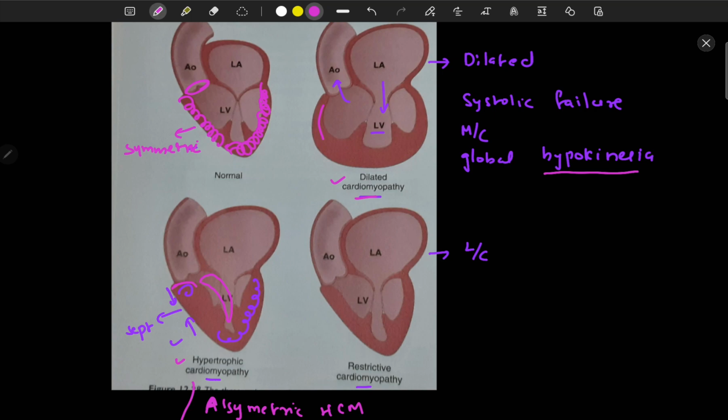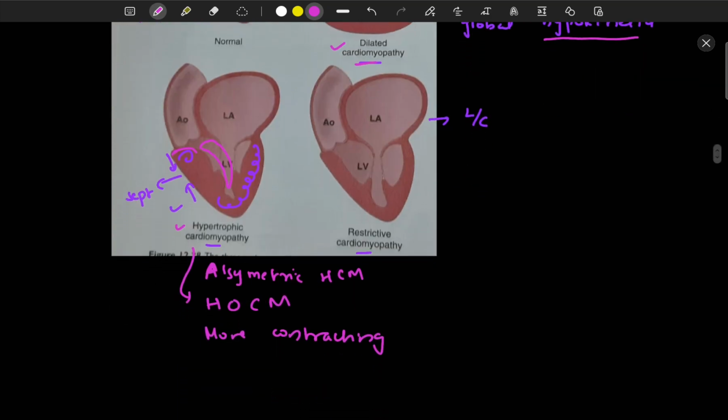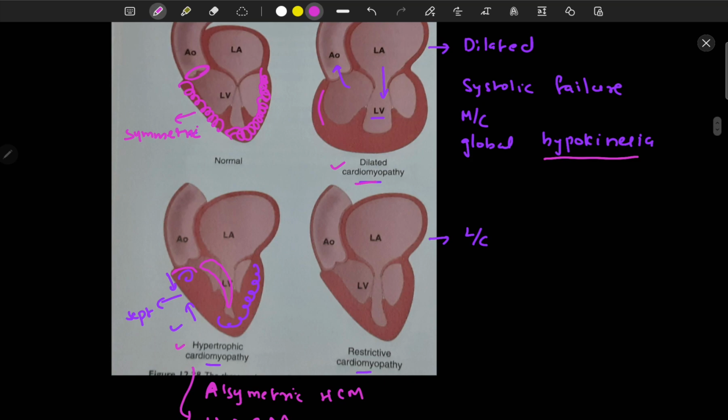So the cavity in dilated cardiomyopathy is balloon-like, whereas in hypertrophic cardiomyopathy it is banana shaped.